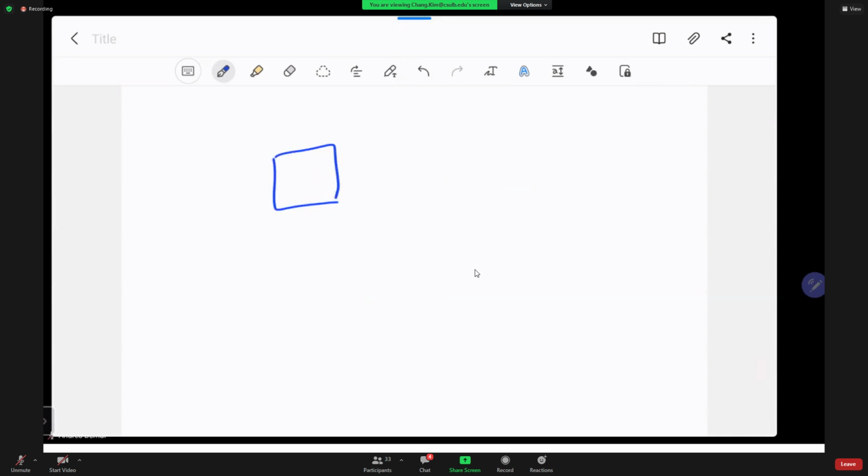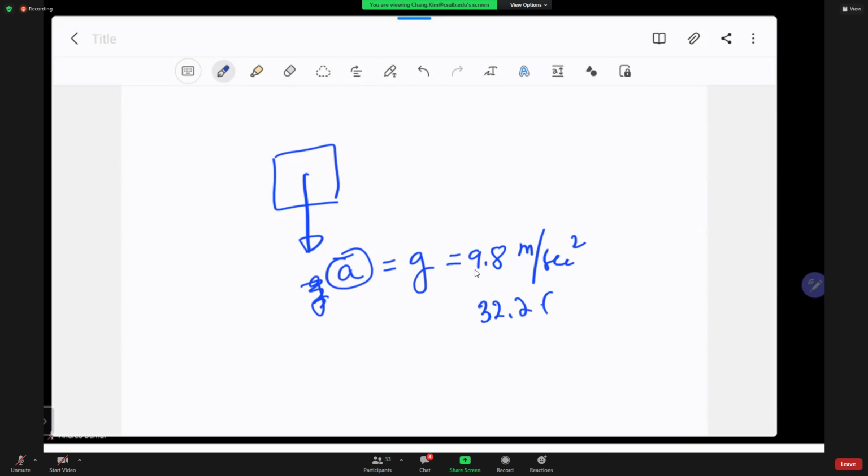Now, we love to handle the weight dropping. Its weight is dropping, and we know the gravity pulls. That's the acceleration, and the acceleration in this case is gravity, which is given as 32.2 feet per second squared. You better know these numbers.